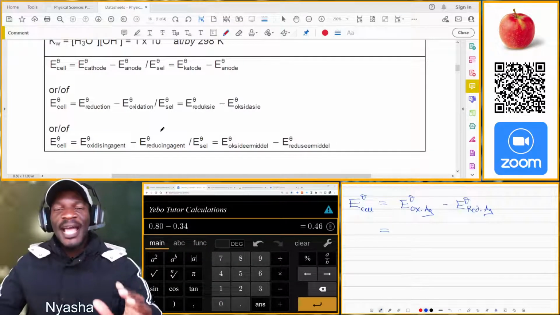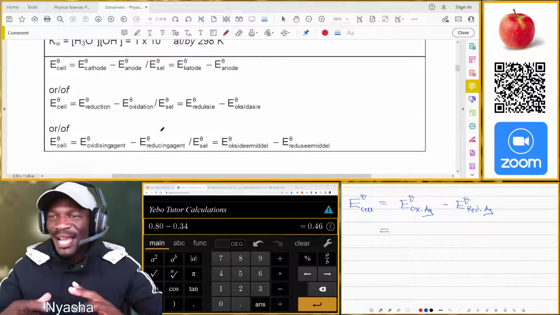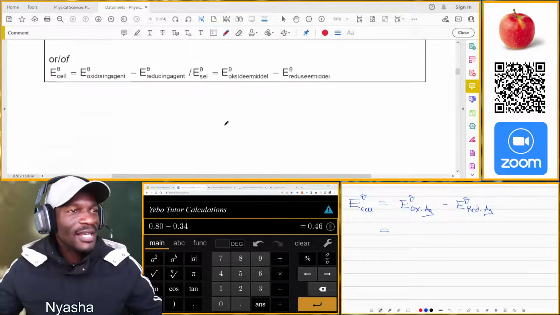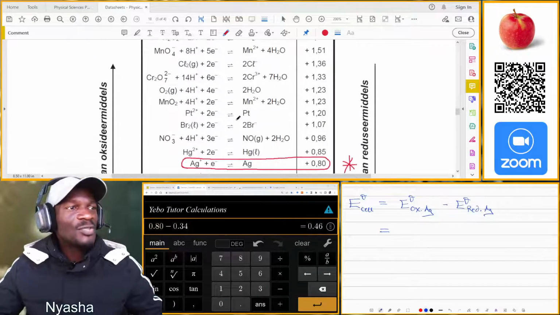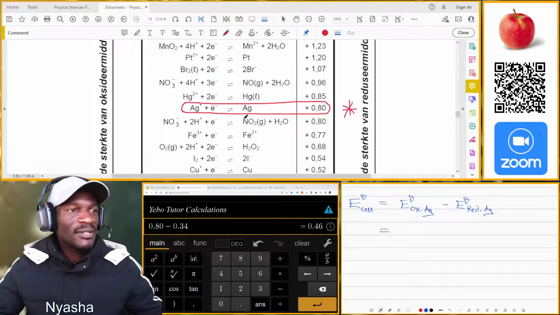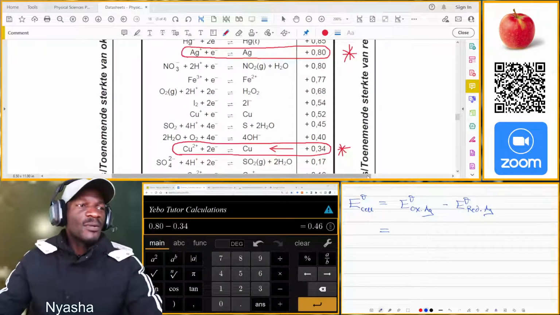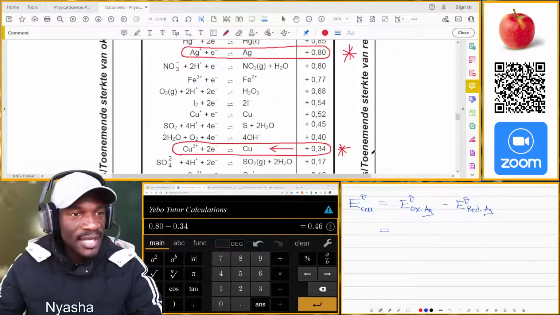The formulae are supplied so that you can get to actually think about how you can end up defining it for yourself. That depends with what you are comfortable with. So we've already said, in this process, this is our reducing agent.